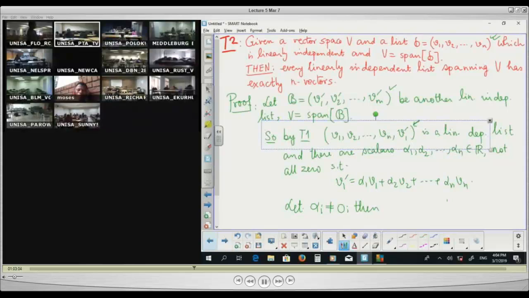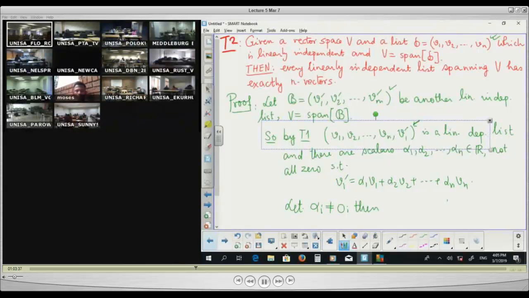Well, suppose all were zeros, then V1 prime would be 0. If all the scalars, alpha 1, alpha 2, alpha n are zeros, then V1 prime becomes 0, which is not possible, because you have told me that V1 prime comes from a list which is linearly independent. So none of those V1 prime, V2 prime, Vm prime can be 0. Okay, I get you.